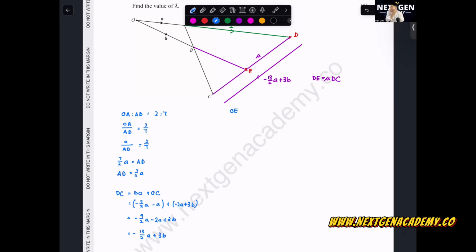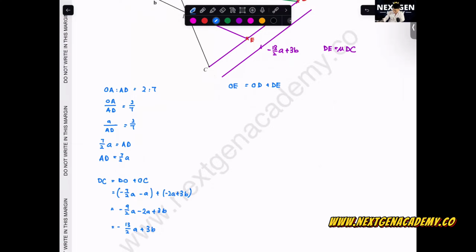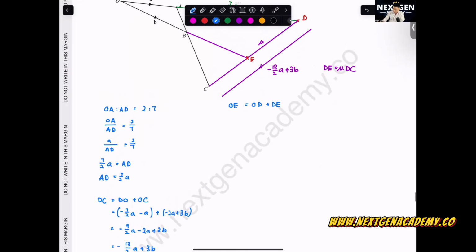OE is equals to OD plus DE. Okay, look at the diagram. OD plus DE because I want to find another expression for OE. Okay, where is OD?